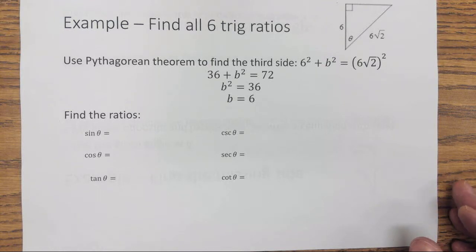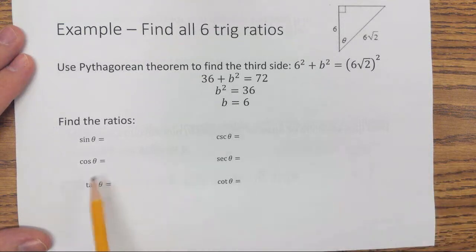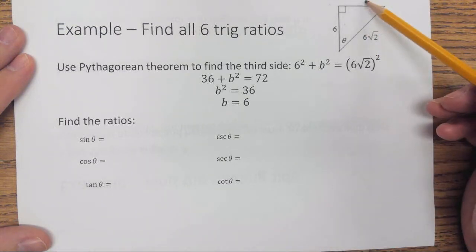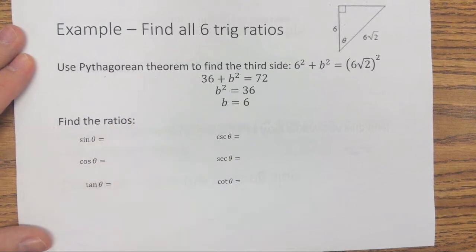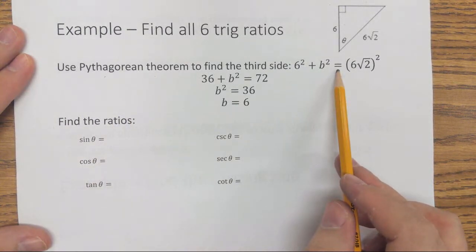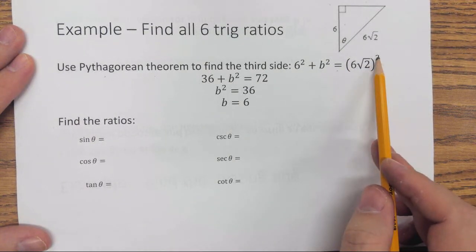So what we're going to do here in our example is we're going to find all 6 of the trig ratios. Sine, cosine, tangent, cosecant, secant, and cotangent. In order to do that, we need all 3 sides. Well, we only know 2 of the sides, but we can find the 3rd side using the Pythagorean theorem. So 6 squared plus b squared equals the quantity 6 square root of 2, squared.